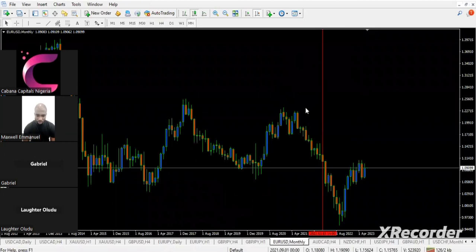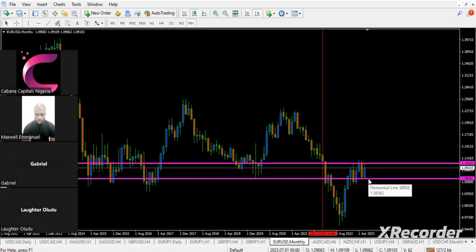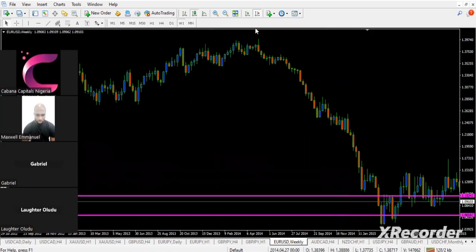So let's see what we have on the monthly. We have our support here. We have resistance. So it's that price goes upward to hit this resistance or this support. Let's go to weekly.